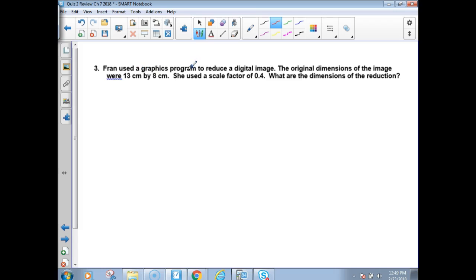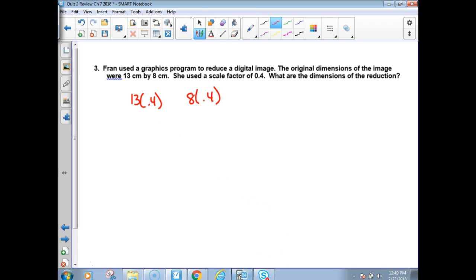Number 3, Fran used a graphics program to reduce a digital image. The original dimensions of the image were 13 centimeters by 8 centimeters, and she used a scale factor of 0.4. What would be the dimensions of the reduction? What we need to do then is multiply the dimensions by the scale factor. So we'll do 13 times 0.4 and 8 times 0.4.